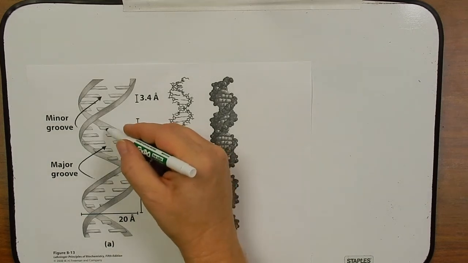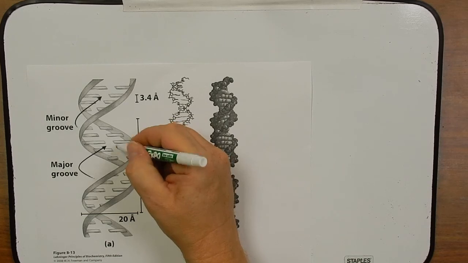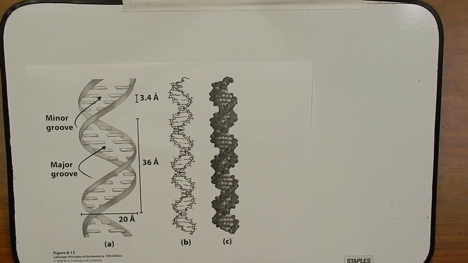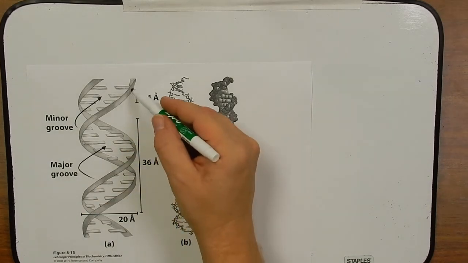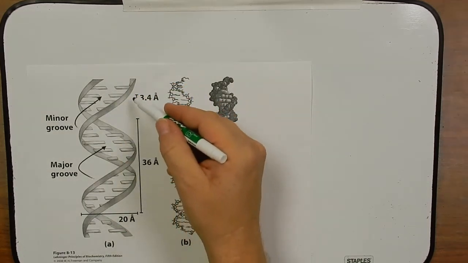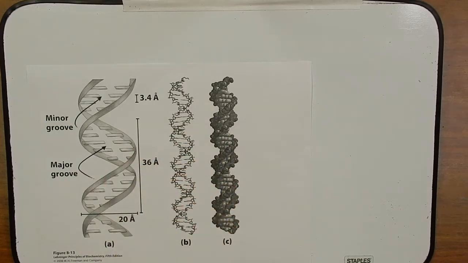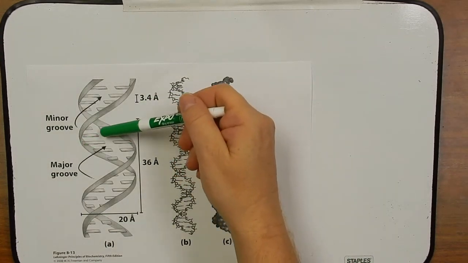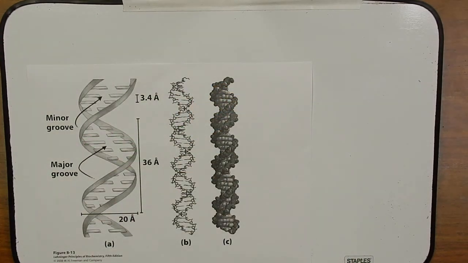They will recognize a specific sequence of bases along here, but they will also often fit nicely within the major groove or within the minor groove. These two grooves often offer a nice packaging system where the proteins can wedge in to recognize a specific sequence of bases.